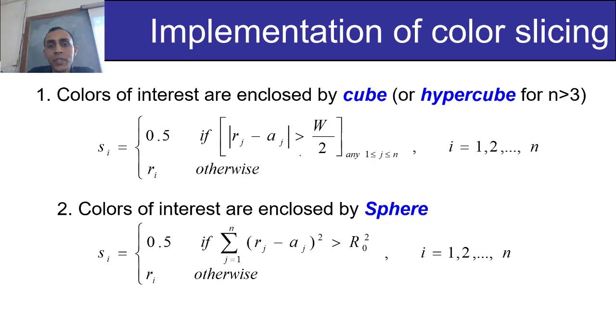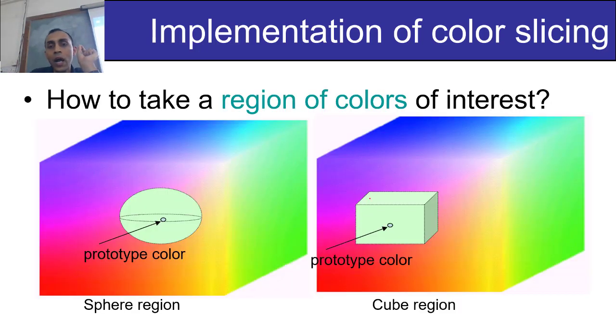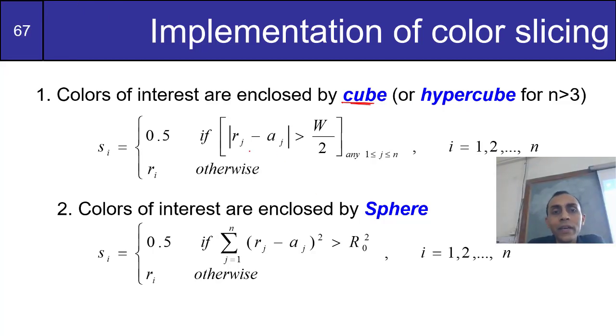So if we are specifying it by a cube, for a particular color point, we want to highlight all the colors in this region and suppress the remaining colors in a given image. Let us say the specified color is represented by a1 comma, and this is our specified color point. We take the distance from that color point in each dimension.